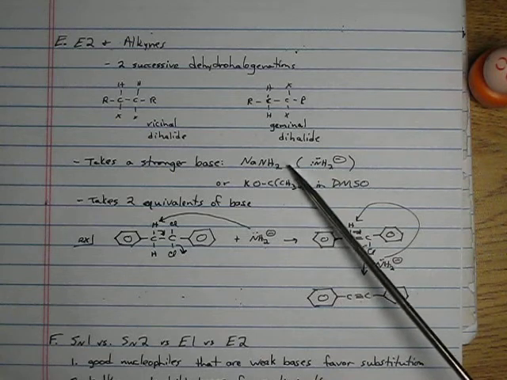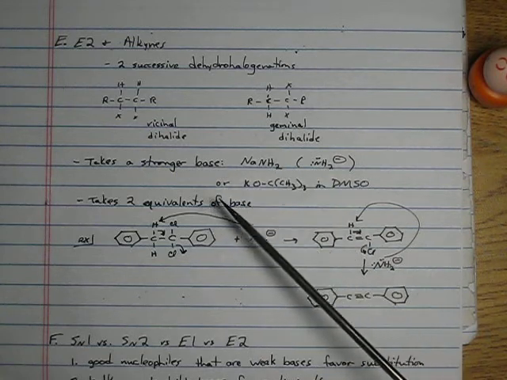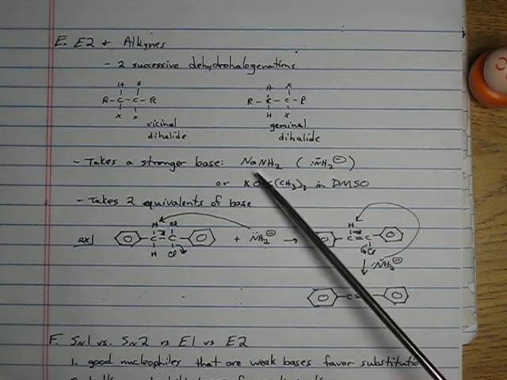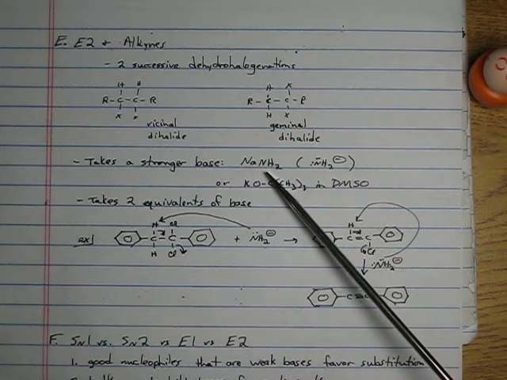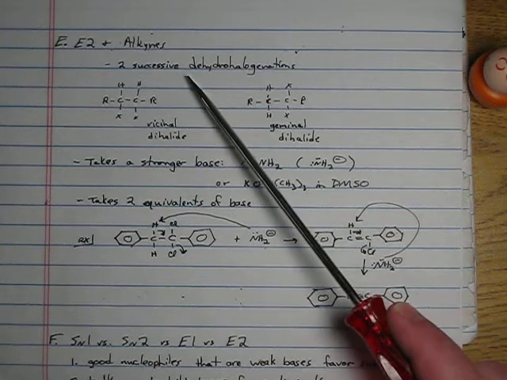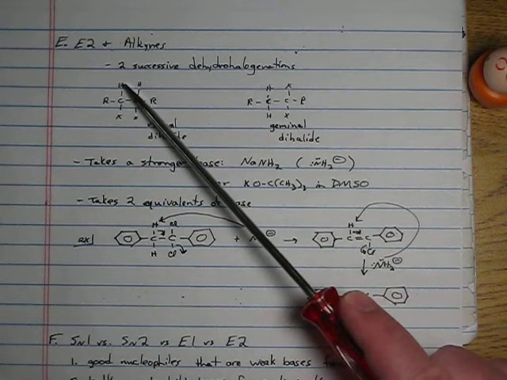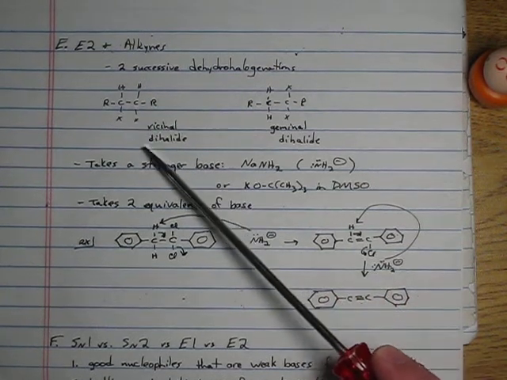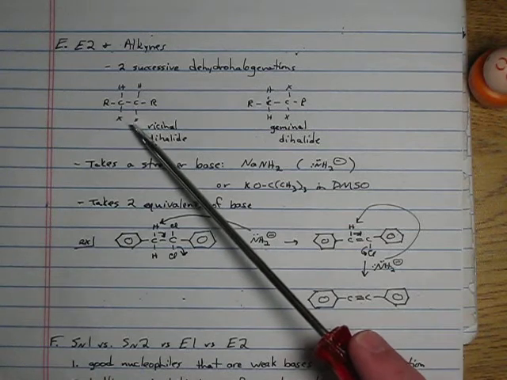You would put in two equivalents of it, twice the amount, because you need one stoichiometric equivalent of amide to do the first elimination. The amide will take this hydrogen, and this halogen will leave.